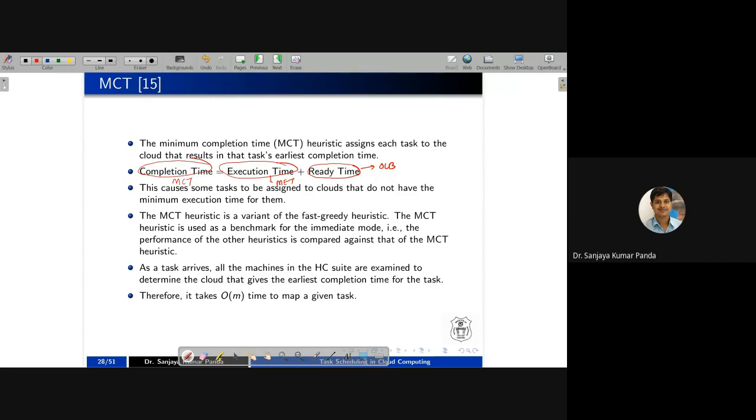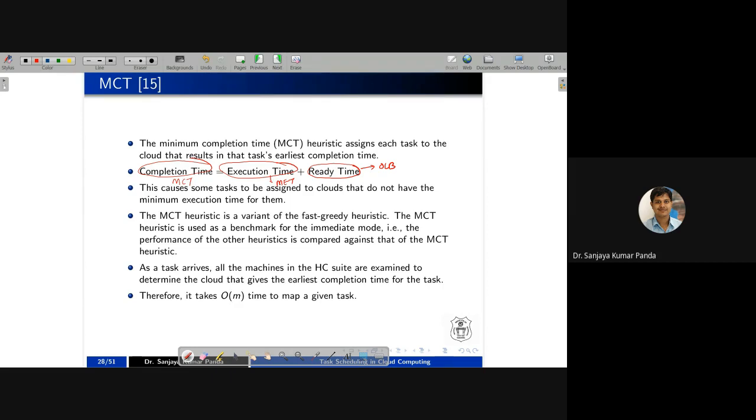So here you can see MCT heuristic assigns each task to the cloud that results in the task's earliest completion time. In the previous MET case we say that the task which is having earliest execution time. In the OLB case, we say that cloud earliest time, right?